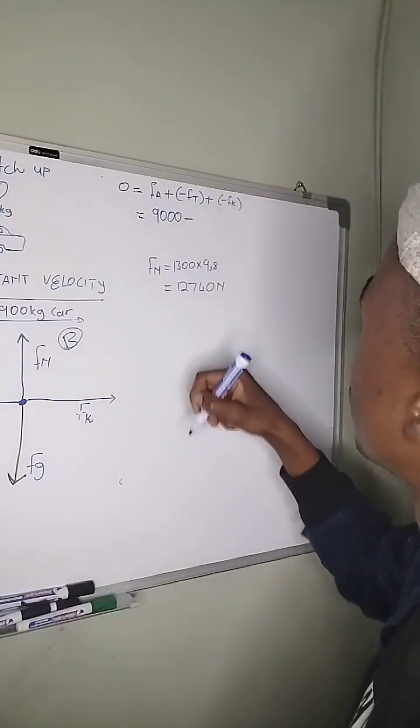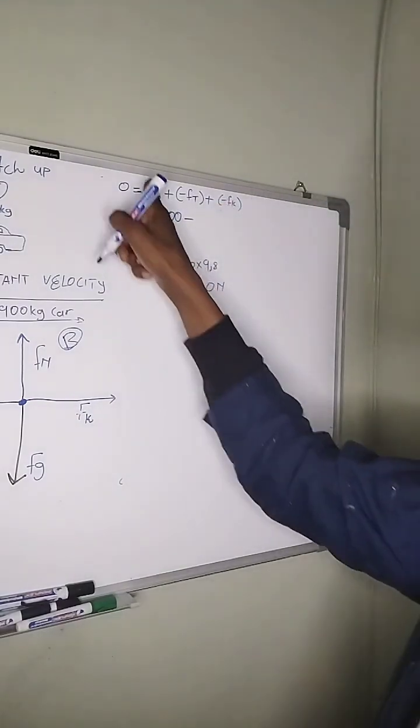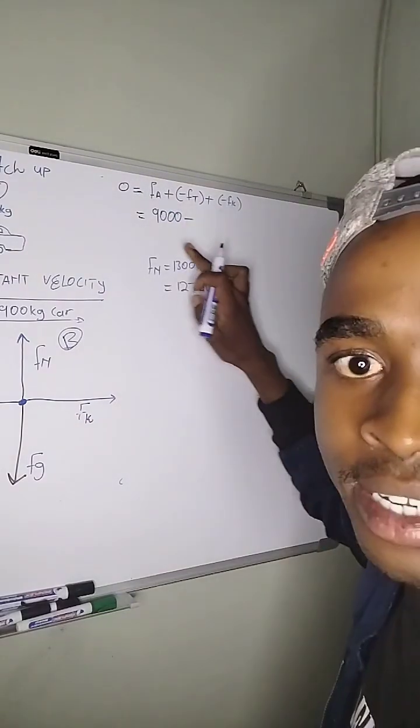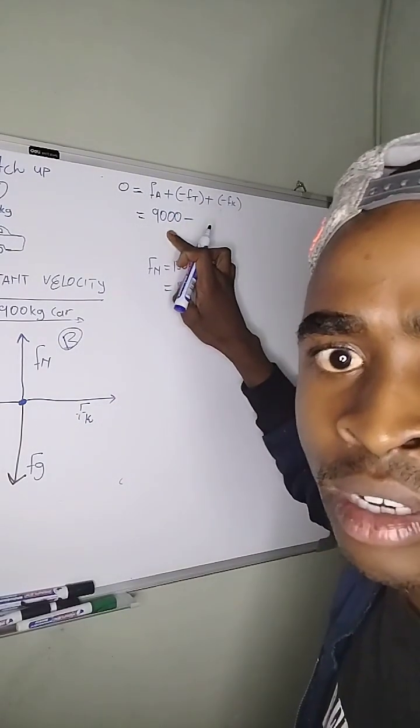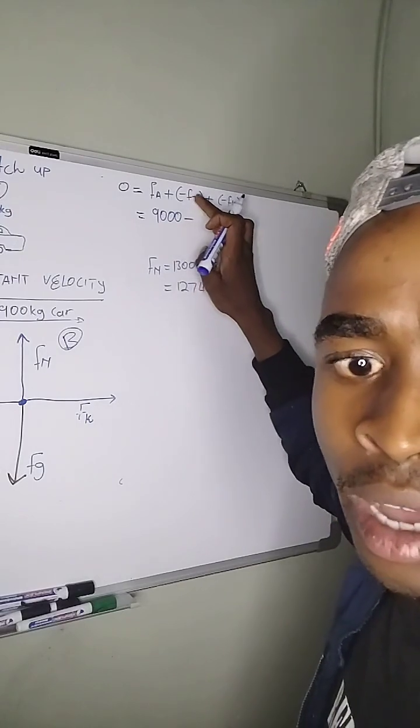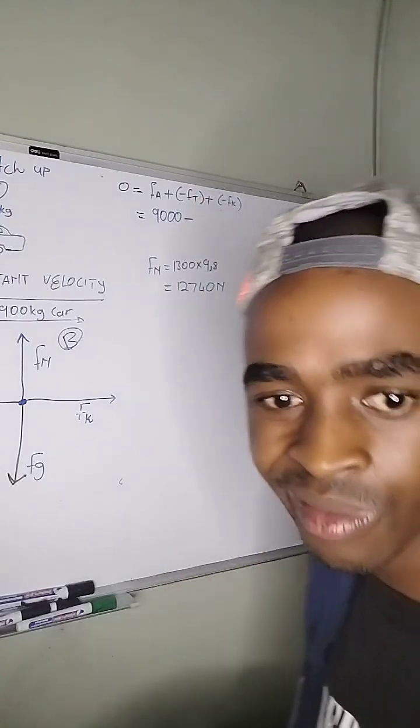So now we don't have Ft. We substituted the F applied as 9,000. Now we got the Fd, and yes, upwards.